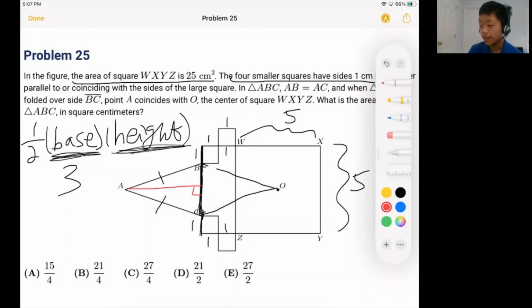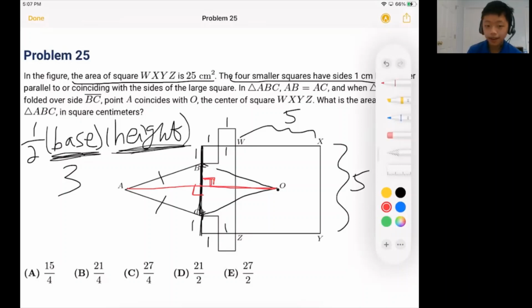But basically what that means is the height from O down to here, these two red lengths must have the same length, right? Because they're reflections of each other. So they clearly have to have the same dimension. So basically we just want to find what that red length is.